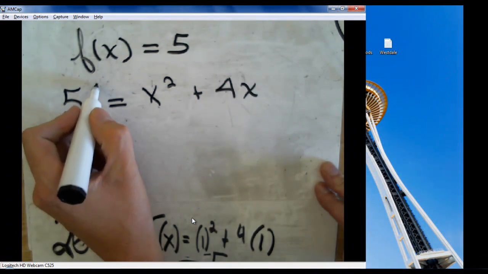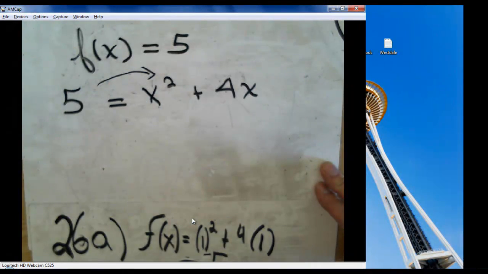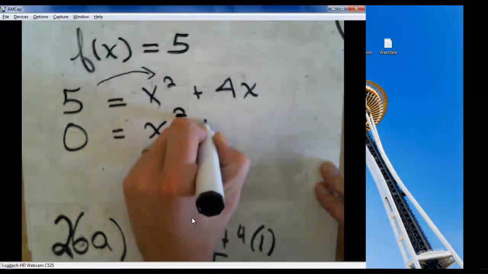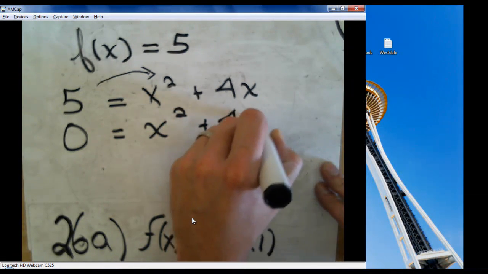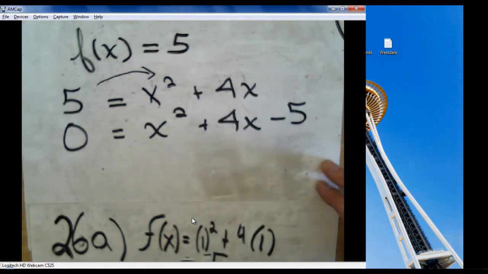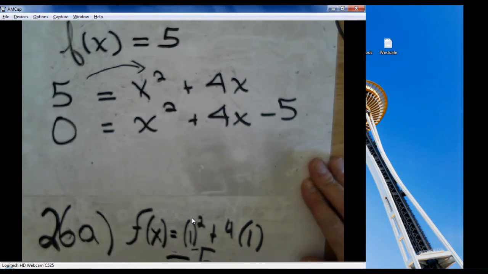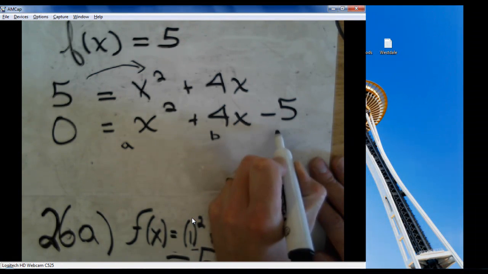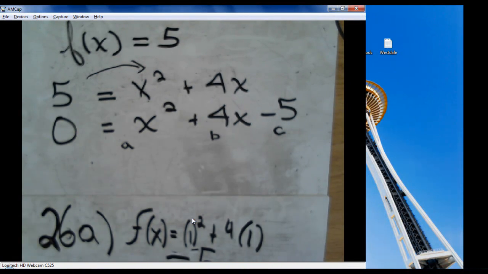I'm going to send the 5 over to this side, and that's 0 equals x squared plus 4x minus 5. Now, here's a tip. This is a quadratic, just like last unit. What's a? What's b? What's c? Can you also pick two numbers that sum up to 4?